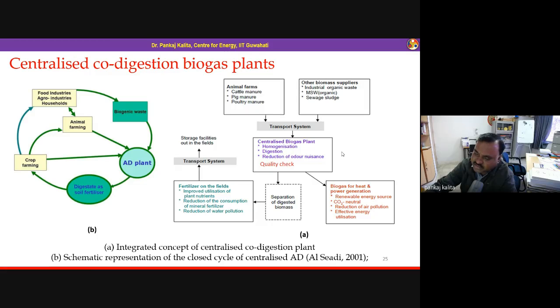Then we can digest it for fertilizer. That way it will work in a loop, and it will be a more sustainable process for energy generation as well as byproduct utilization.